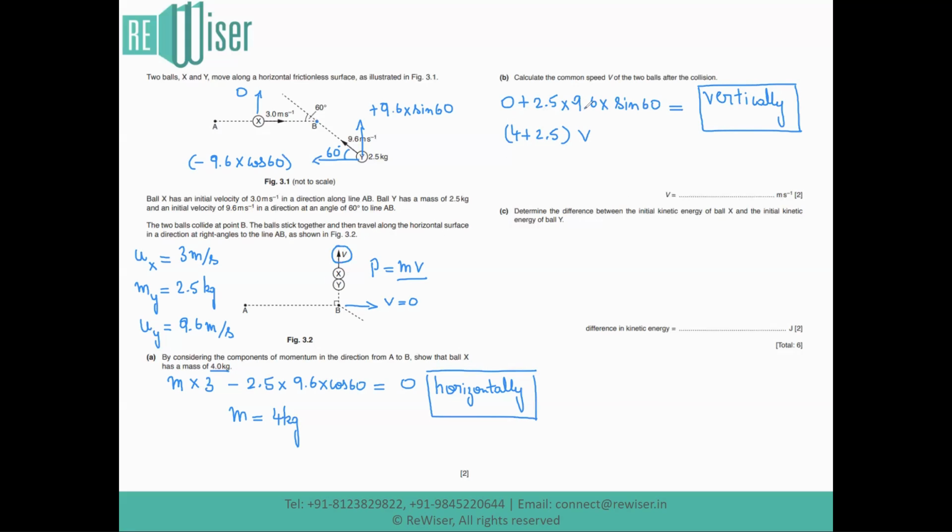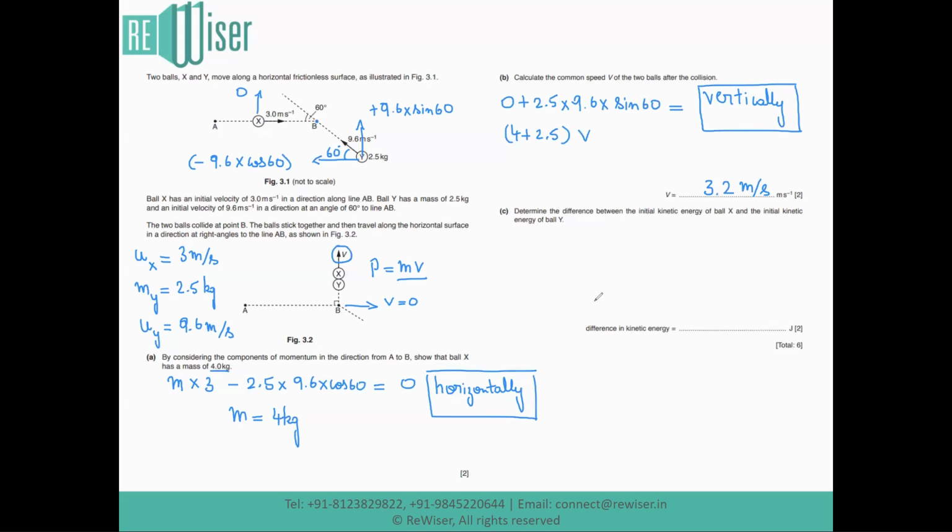Here, as usual, everything is a known value except v, and when simplified and written in terms of v, we get the value of v to be 3.2 meter per second.